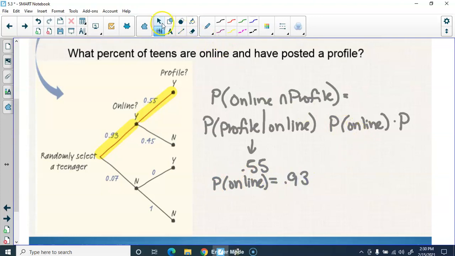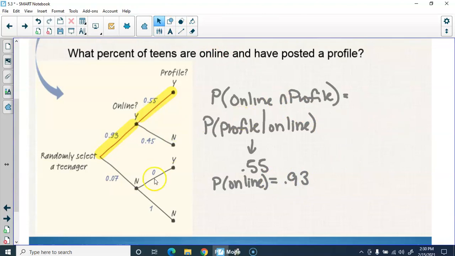Probability of online and profile equals probability of online times probability of profile given online.